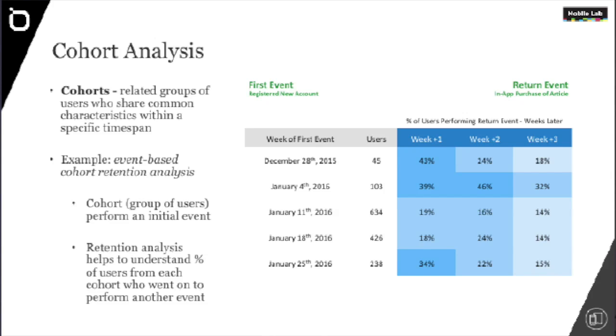And in this time span, looking forward, a week later, 43% of those users from this cohort, this group right here, stayed around. Two weeks later, only 24% stayed around. 18% three weeks later. But in January, for some reason, we have different results. Or I guess in this example, there's similar results, but you get the idea. This can give you really valuable information, particularly when you're talking about retention. So we'll see an example of this in just a minute.